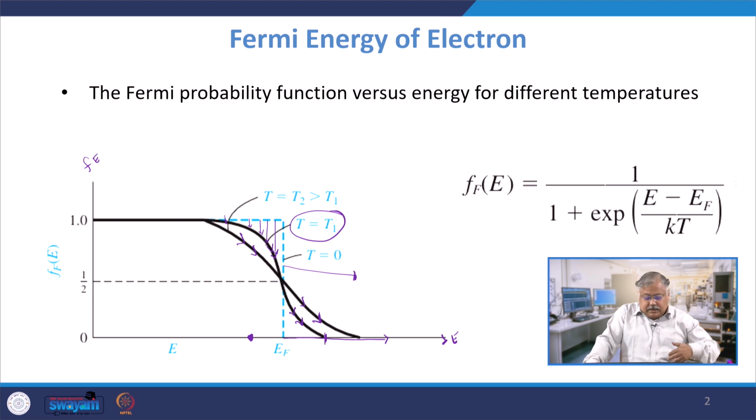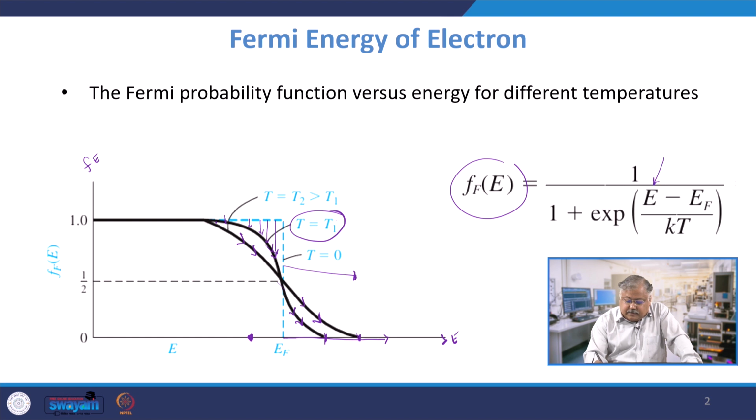Now if you take T equals T2, which is more than T1, more energy states will be empty, and therefore the probability curve has shifted to the left, and it is shifted to the right here also, which means more energy states will now be occupied. So this is a perfectly symmetrical Fermi-Dirac function. This is known as the Fermi-Dirac function, which you see on the right hand side, and that is the reason f of E not only depends on the energy state, but also depends upon the temperature. The higher the temperature, the lesser the probability of finding an electron below the Fermi level, and the more the probability of finding the electron beyond the Fermi level.